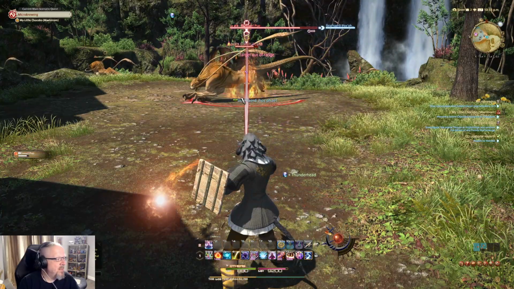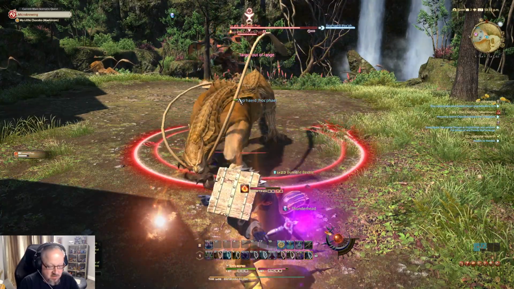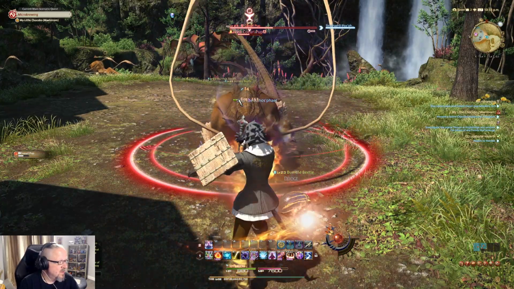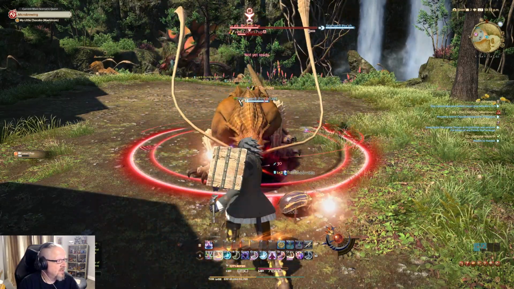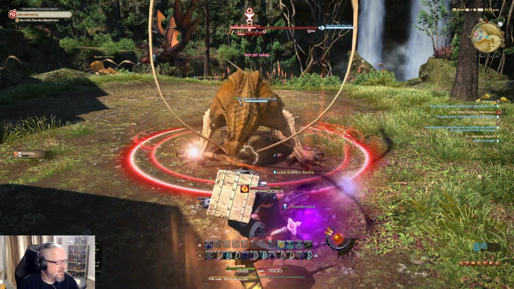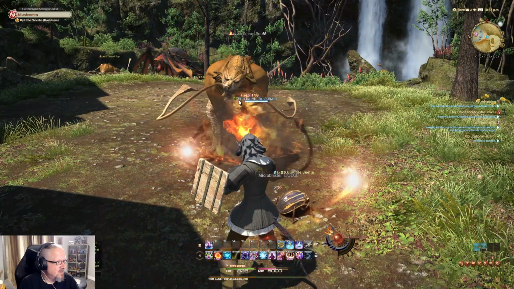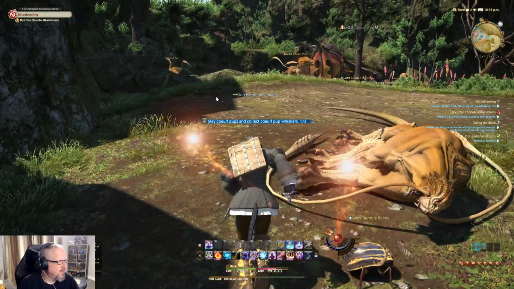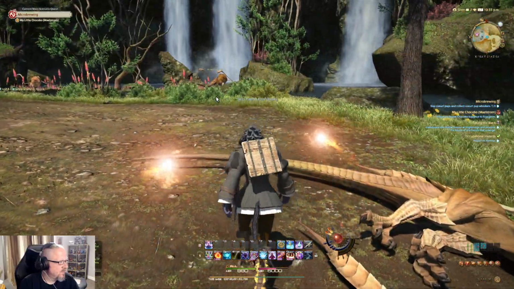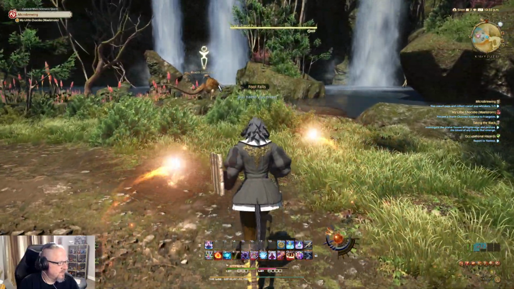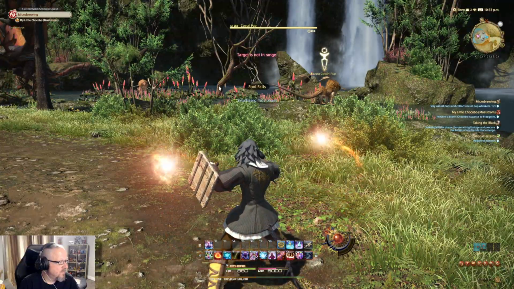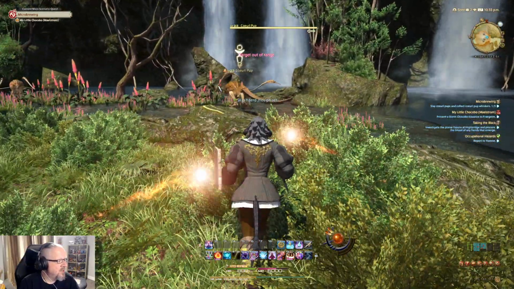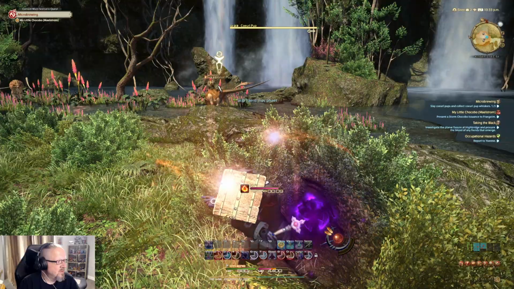Suck my fireballs! And some lightning. Well, that's one. Out of range? How dare you?